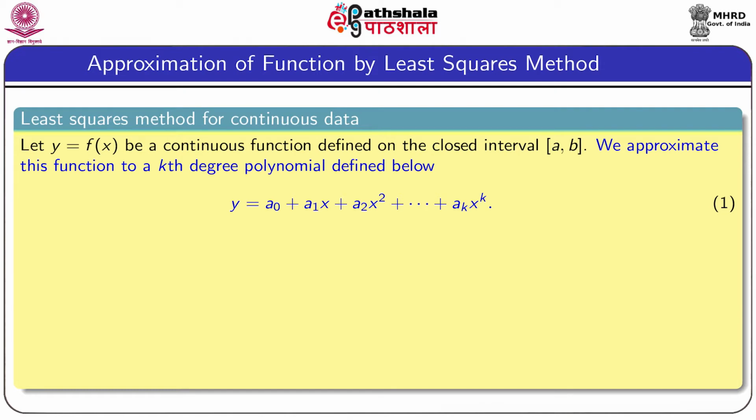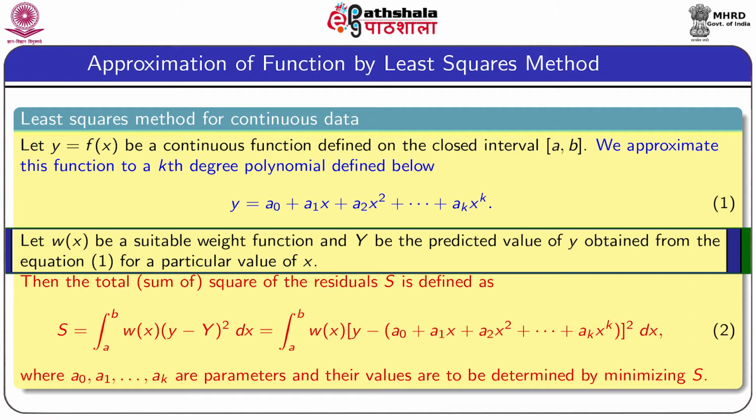We approximate this function by a kth degree polynomial defined by y equal to a0 plus a1x plus a2x square plus dot dot dot plus akx to the power k, where a0, a1, a2 up to ak are the unknown parameters.